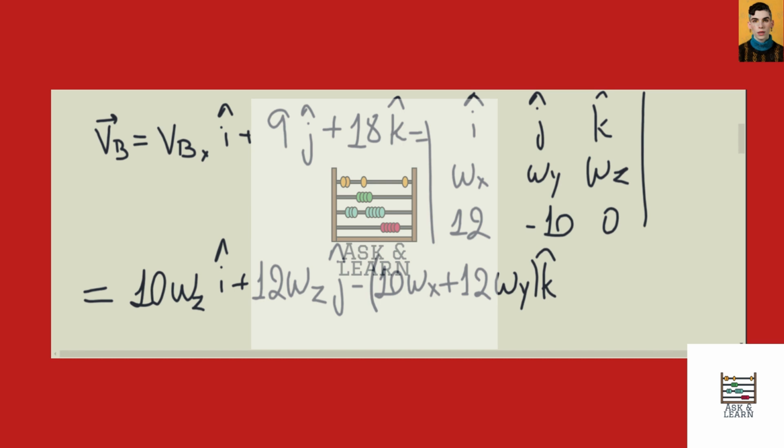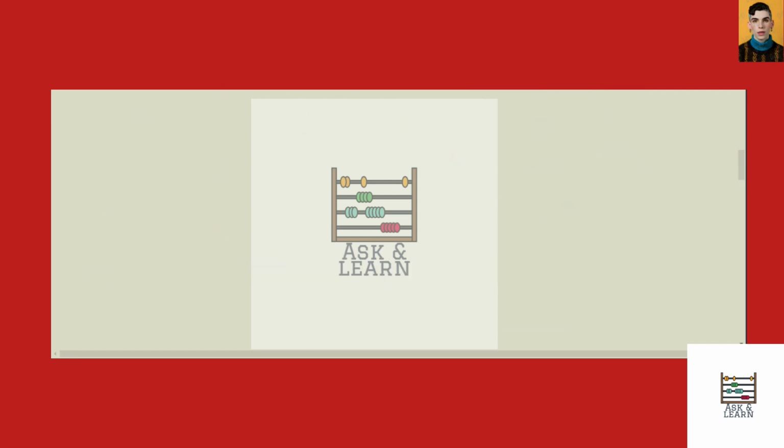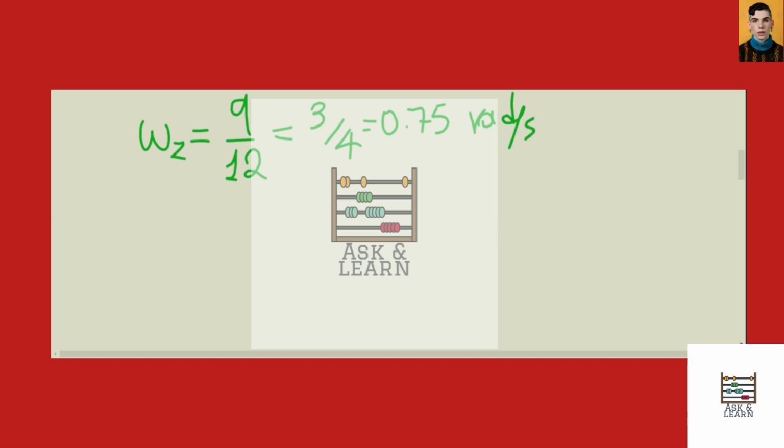So it might be obvious that we can start with the y component, giving us as a result, this is just 0.75 radians per second.